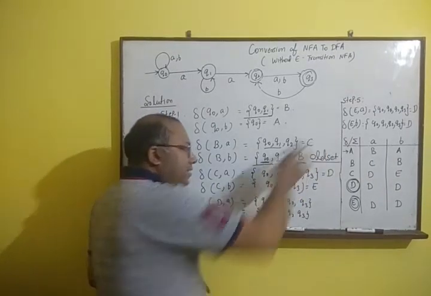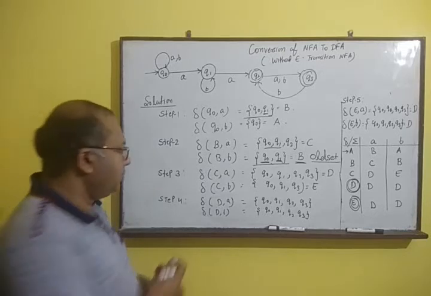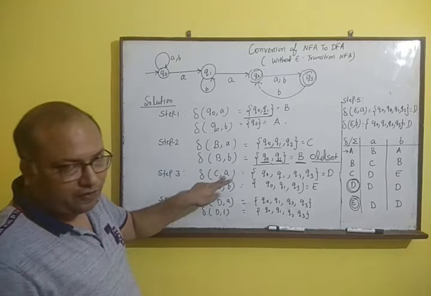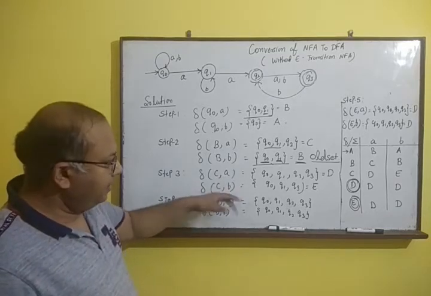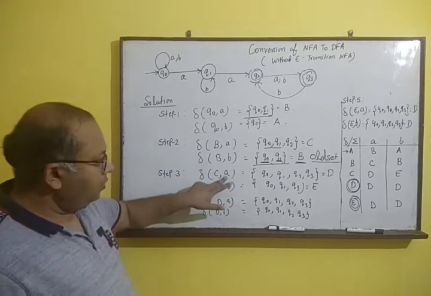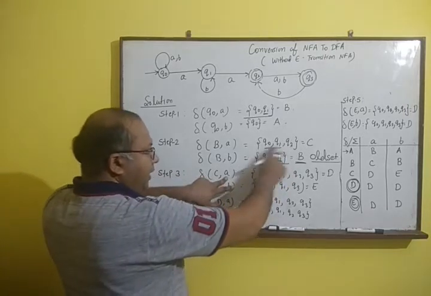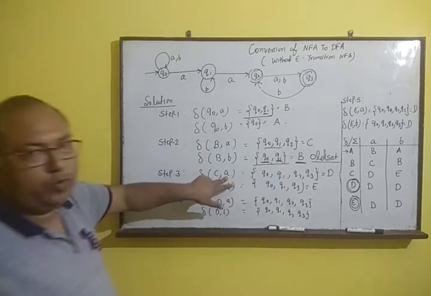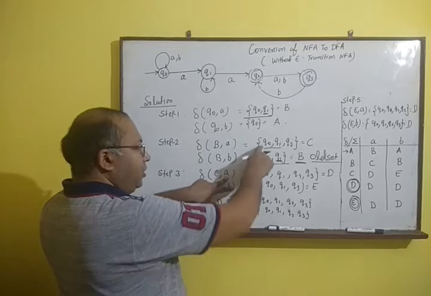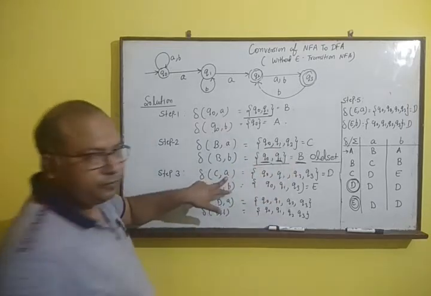Now on this C set, we will repeat the process. On set C we find the transitions of A and B and try to find the new sets of states. When we apply the A transition on this C set, there are three states: Q0, Q1 and Q2. First we apply the transition of A on Q0, then on Q1, and later on Q2.